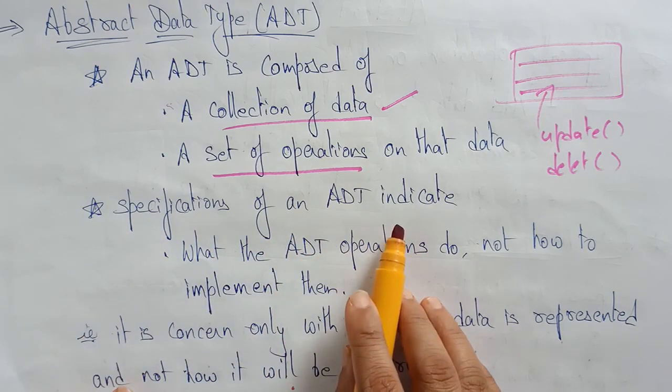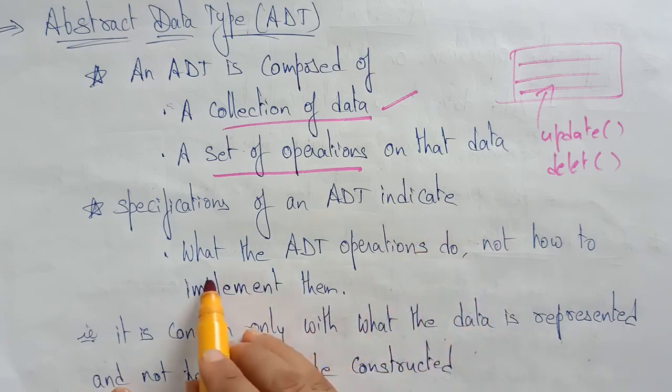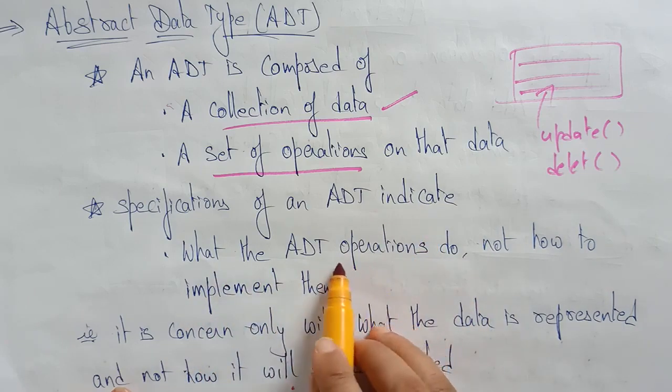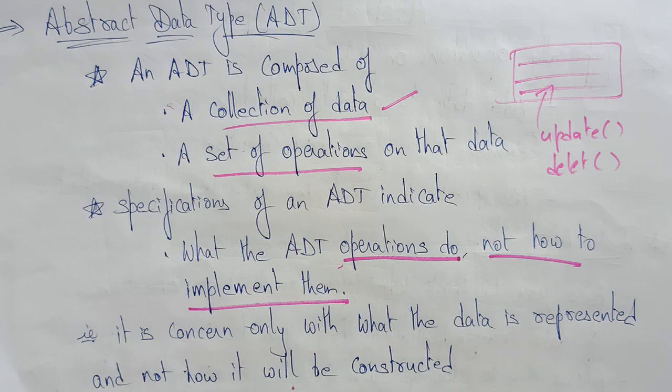Specifications of an abstract data type indicate what the abstract data type operations do, not how to implement them. The abstract data type just wants to do the operations and does not show you how to implement them. Internal parts are not shown. It just uses the operations. Suppose you are using a mobile phone and you get a call.